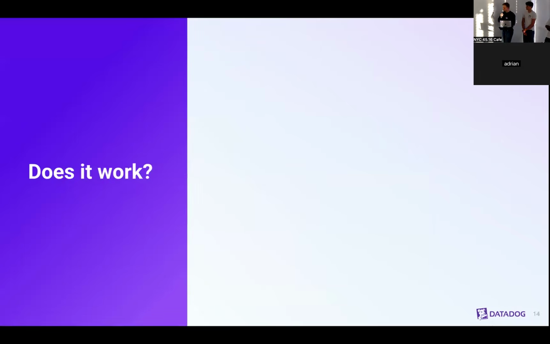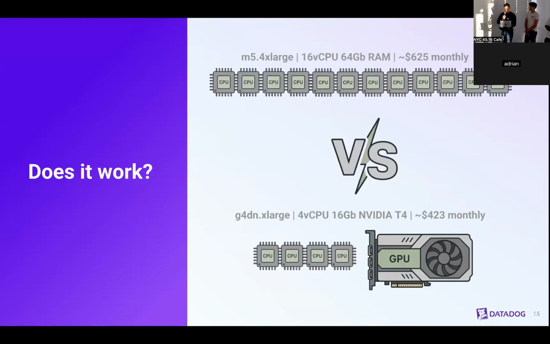Now, does it work? In order to measure this, what we did is that we benchmarked the same query, TPC-H query 1 specifically, on an AWS machine that has 16 CPUs and 64 gigabytes of RAM. And we compare that to a different machine that has the same kind of CPUs, but only 4, and has a graphics card, one Tesla T4 from NVIDIA.